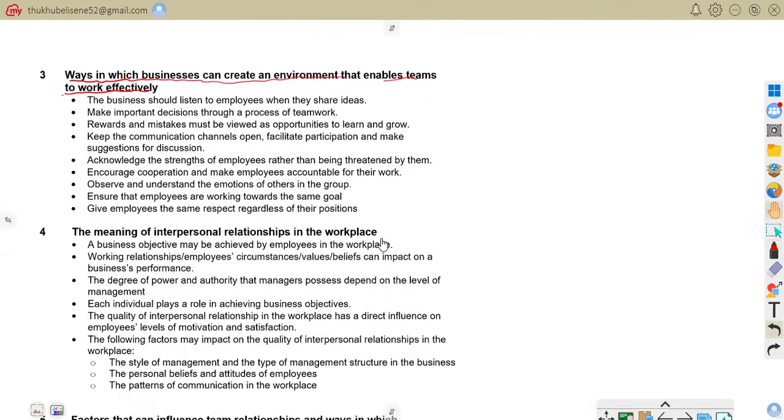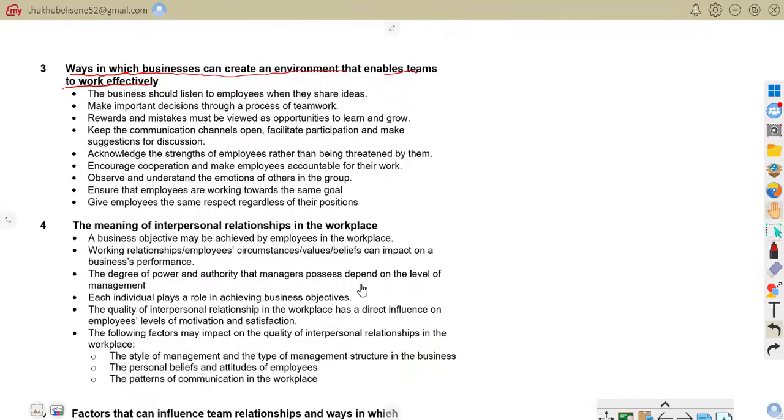So this is where we are, on ways which business can create an environment that enables teams to work effectively.